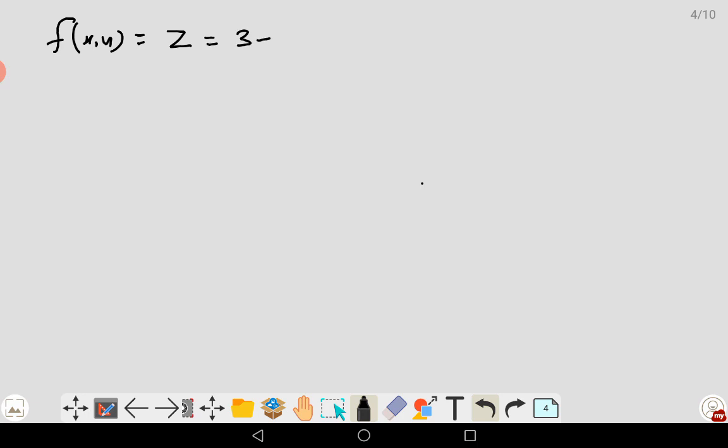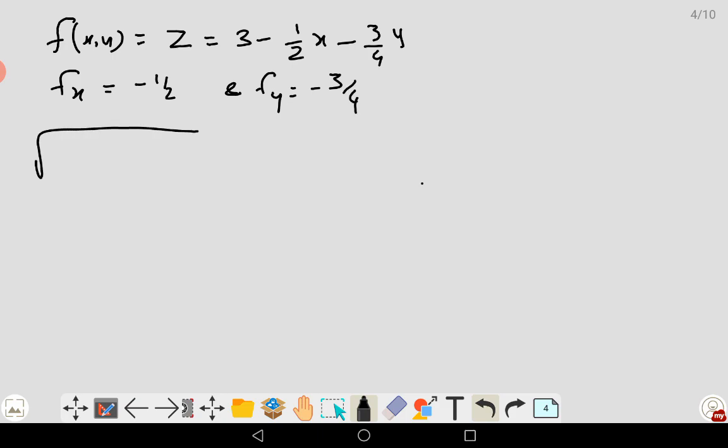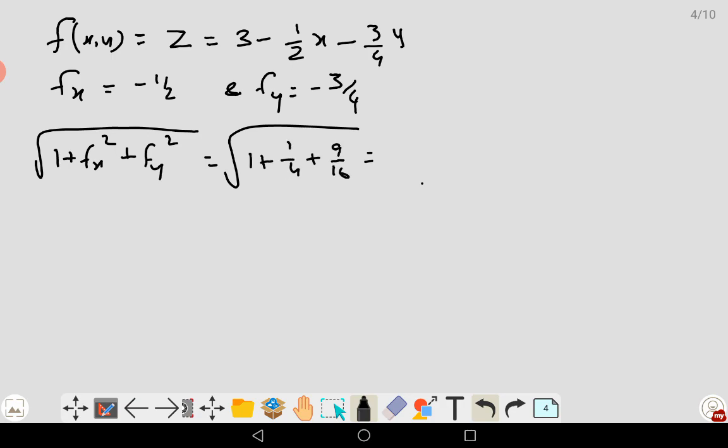Z is 3 minus 1 over 2x minus 3 over 4y, and therefore your fx is negative 1 over 2, and fy is negative 3 over 4, and square root of 1 plus fx square plus fy square will be square root of 1 plus 1 by 4 plus 9 by 16. That will give the same square root of 29 over 16, which is square root of 29 over 4. The term, the integrand, isn't it?